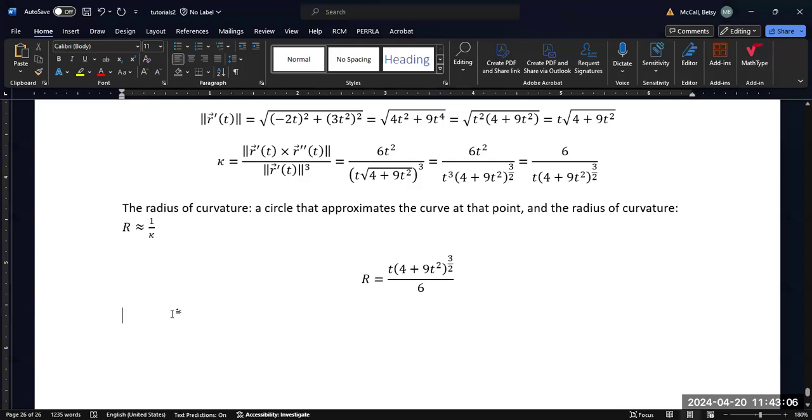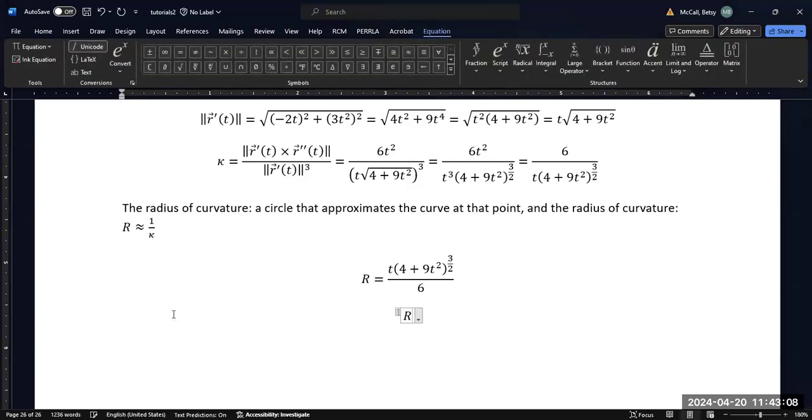So if we consider, for instance, what the radius of curvature is when t is equal to 1, we're going to end up with 1 times 4 plus 9 to the 3/2 over 6.